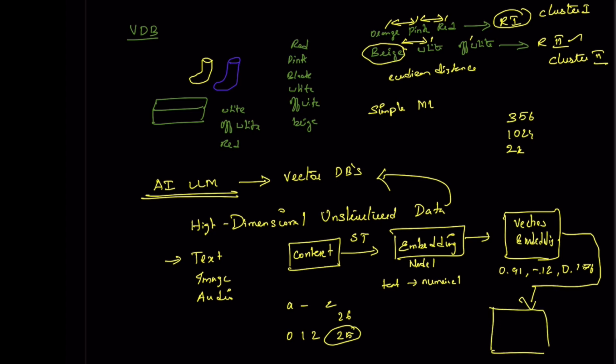In the vector DB, we'll have everything as clusters, like a group of clusters. As we have the vector values here, based on the distance between each other, it can group them, like cluster 1, cluster 2.